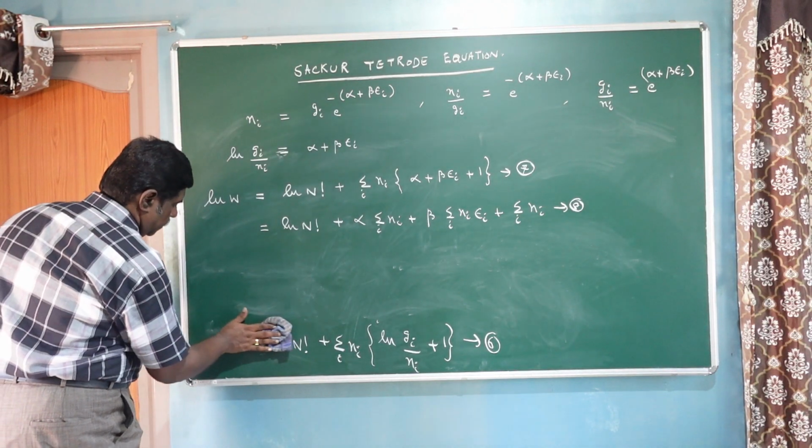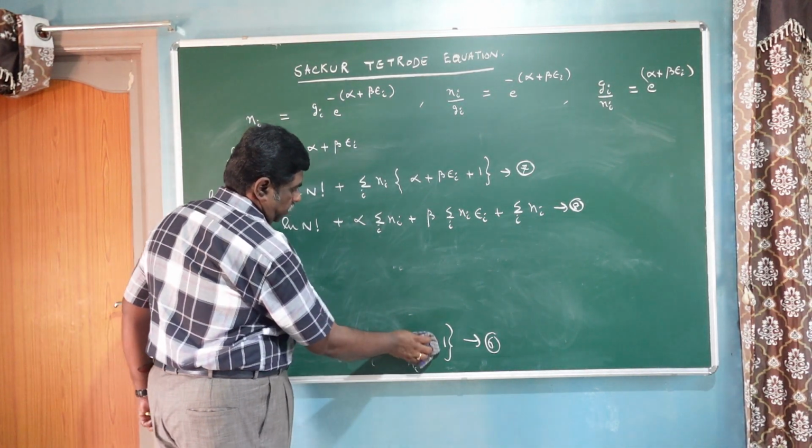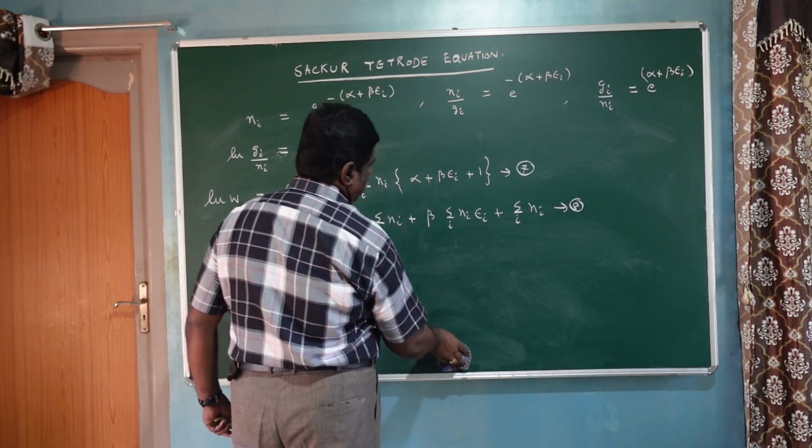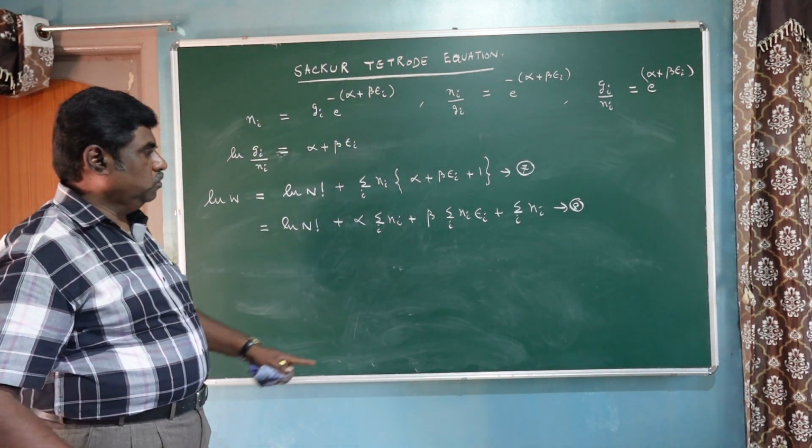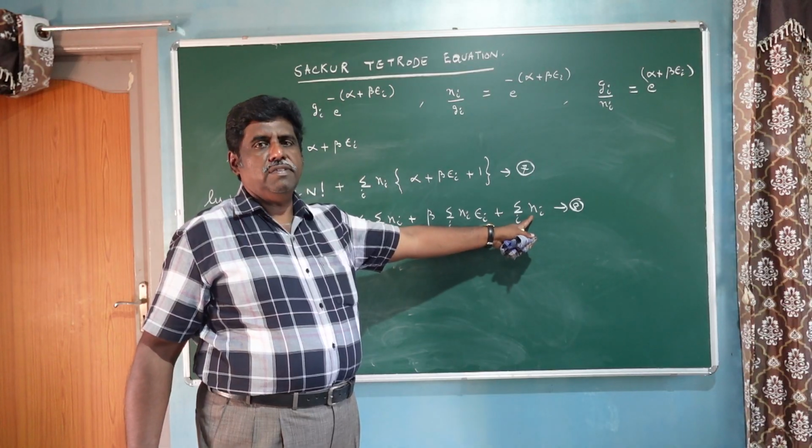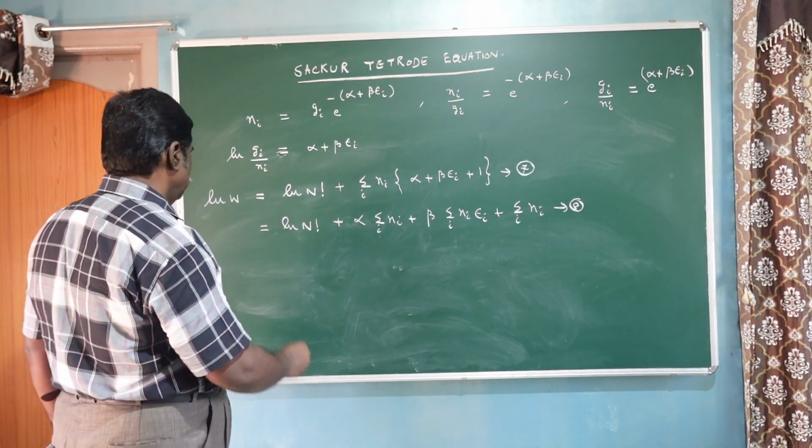Now we should substitute the values. You know the value of summation over i of Ni. Summation over i of Ni is our capital N, the total number of molecules.